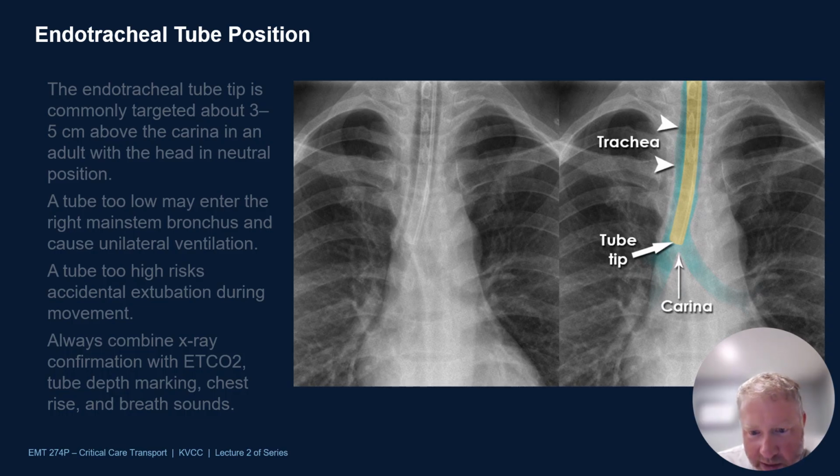This one's highlighted a little better. So here's a bifurcation to the left lung, bifurcation to the right, and then the ET tube right there. So endotracheal tubes should be roughly 3 to 5 centimeters above the carina in an adult when the head is in a neutral position. So all those things matter.